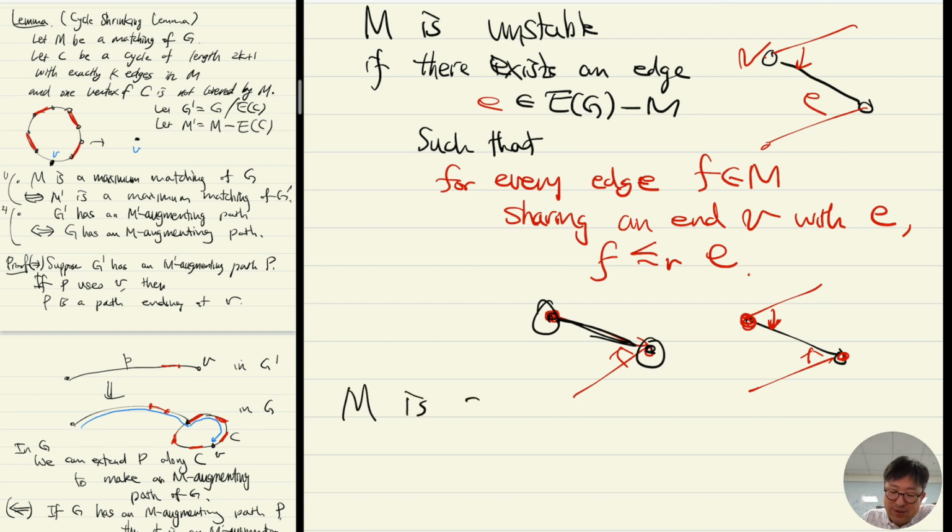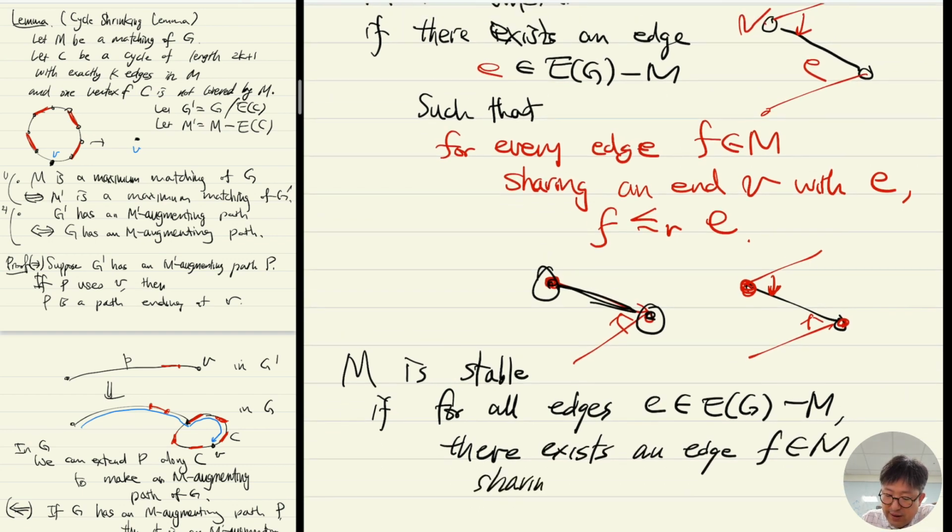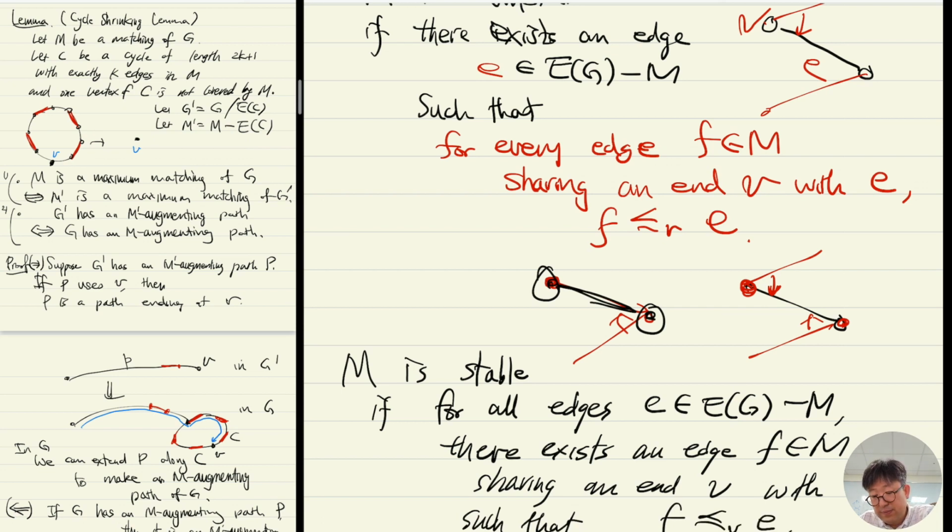So what is stable? Let me define stable more properly. Stable if for all edges e not in M, yes, I'm just negating everything, there exists an edge f in M sharing an end v with e such that f is not less preferred.